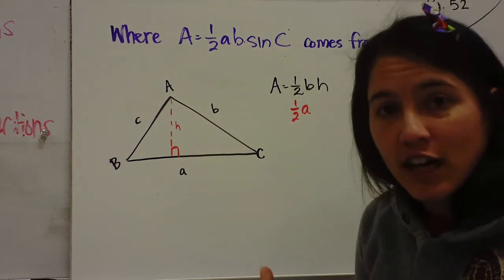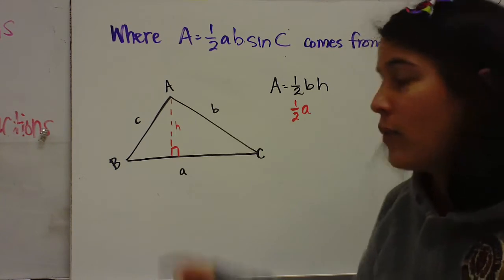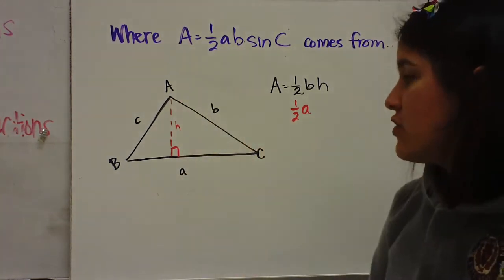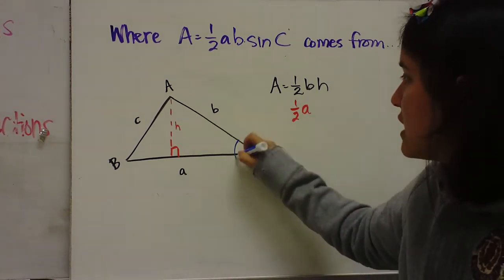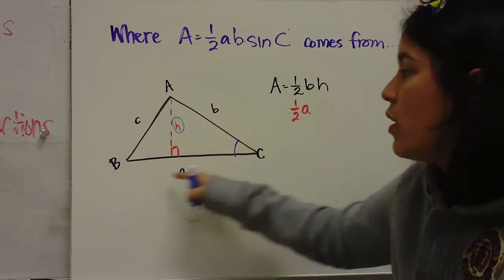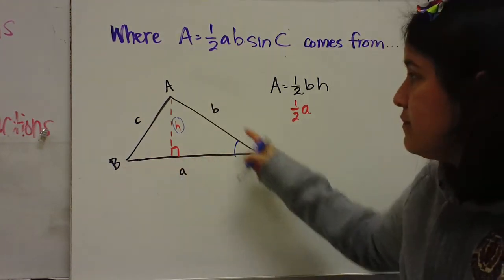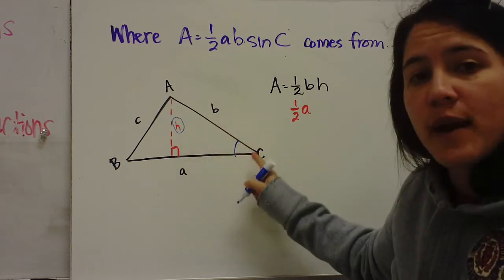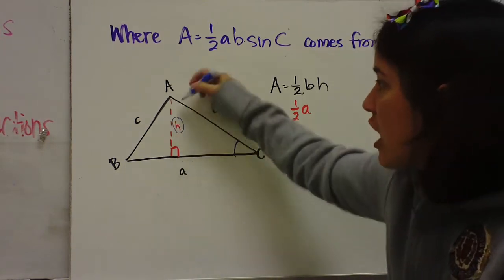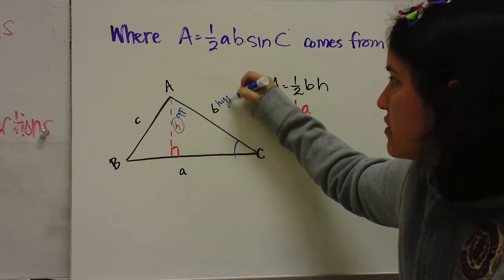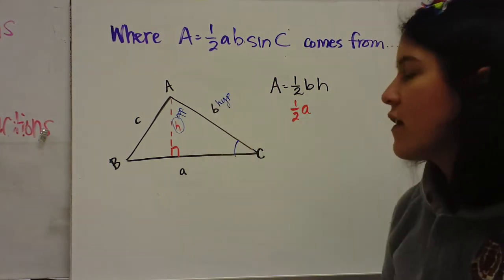However, using our trig functions, we know that we can find h from the perspective of angle C. So if we're looking from the perspective of angle C, we're trying to find h, and we have a, but a goes all the way across. So we would need b, h and b. From the perspective of C, h is our opposite leg, and b is our hypotenuse, because here is your right angle.